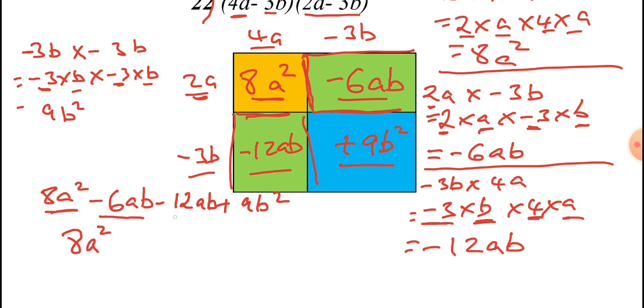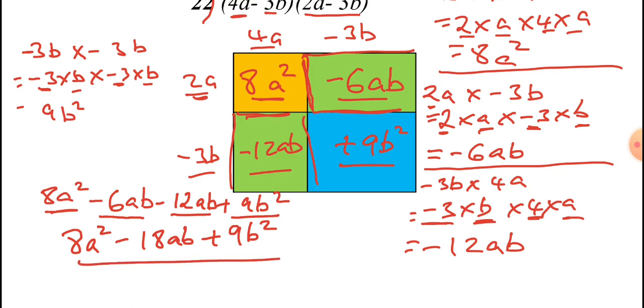Then here I've got minus 6ab, so I'm already at negative 6, and then I'm going to take away another 12 lots of ab, which will be minus 18ab, and then plus 9b squared. And that is the final answer. So the final answer is 8a squared minus 18ab plus 9b squared.